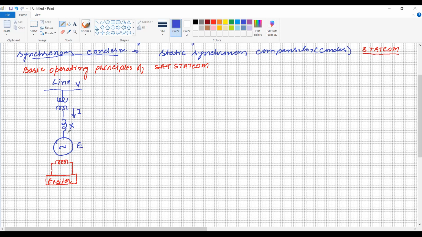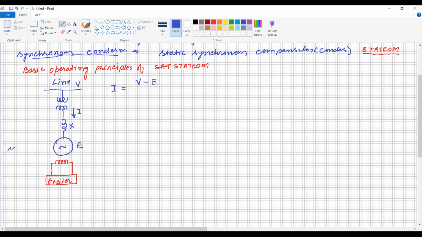When the motor consumes current, this current is a lagging one. Since it flows from the transmission line to the motor, voltage V is greater than the back EMF of the synchronous motor.